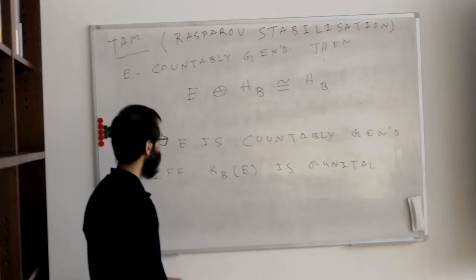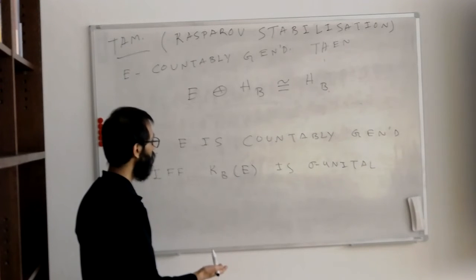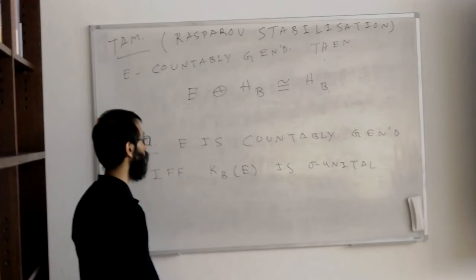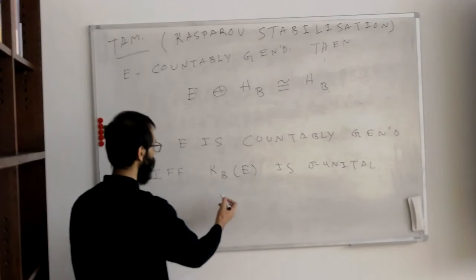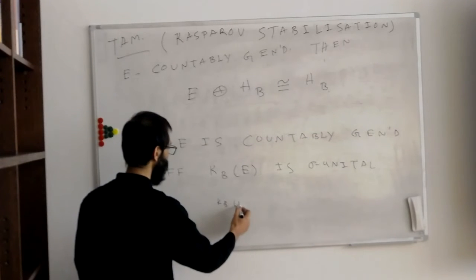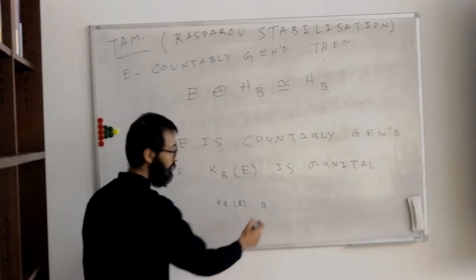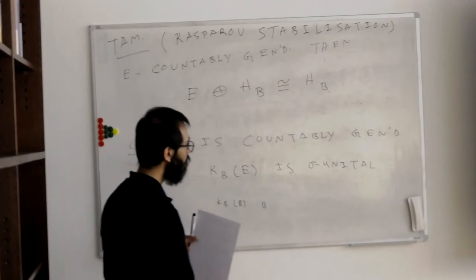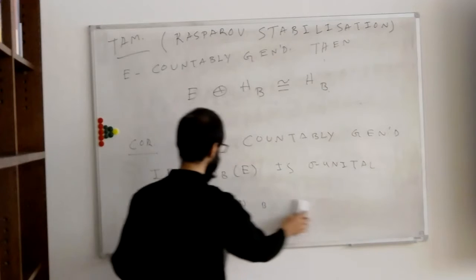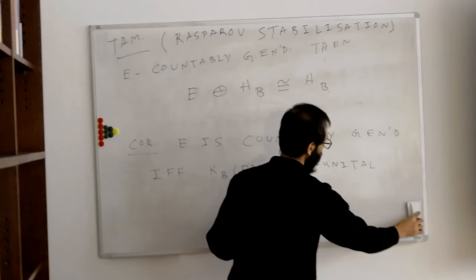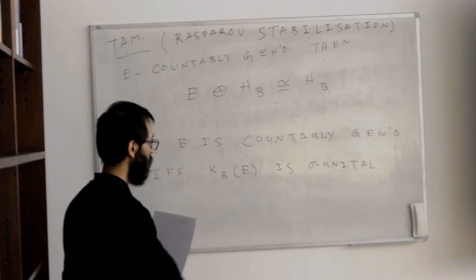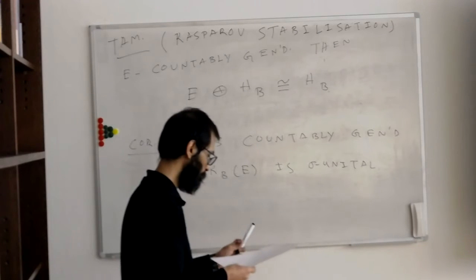So to have the C*-algebra B pass as a countably generated Hilbert module over itself, we would need the compacts of the Hilbert module B, which is B, to be sigma unital. That is why B will be treated as a countably generated Hilbert module over itself, and that is why we need the second variable in KK to be sigma unital, just to pass B as a countably generated Hilbert module.